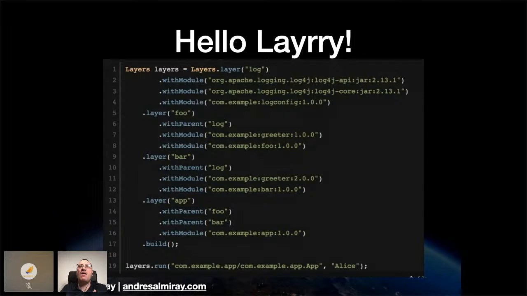And once we have this layers object, we can launch the main application that is found in the layers. In this case, it's an app class that may take additional arguments. And it's as easy as this. This application right now is able to handle conflicting versions of the same module name.